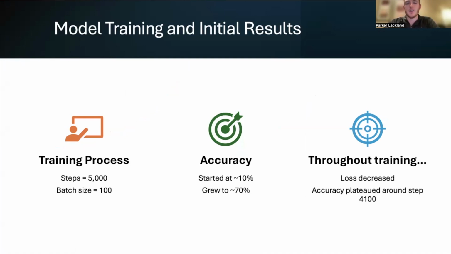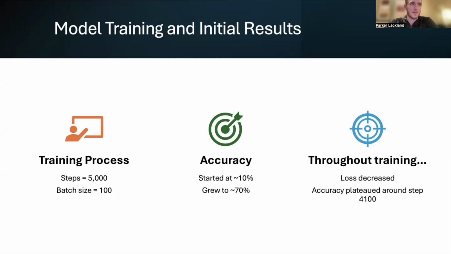The accuracy of the initial model with two convolutional layers, two max pooling layers, two fully connected layers with an output layer, and a dropout layer: this model architecture basically resulted in an accuracy level of about 70%.